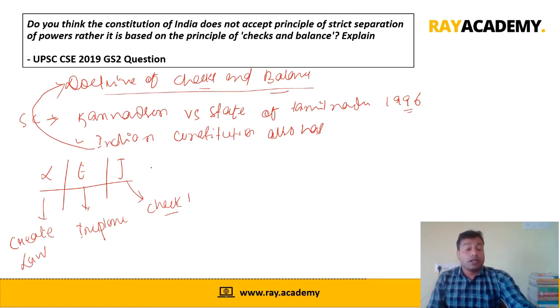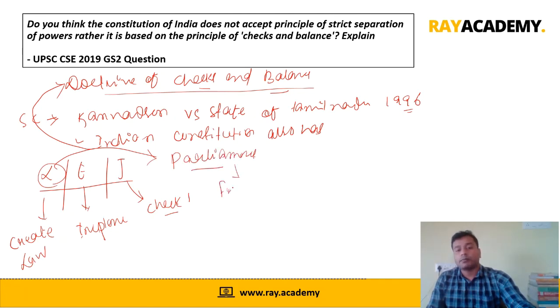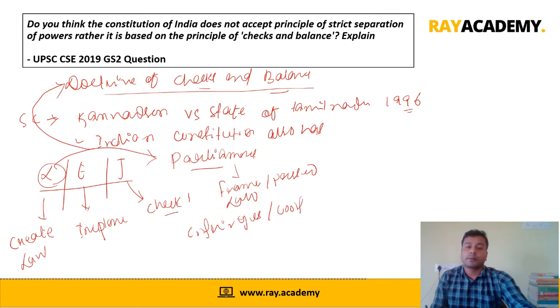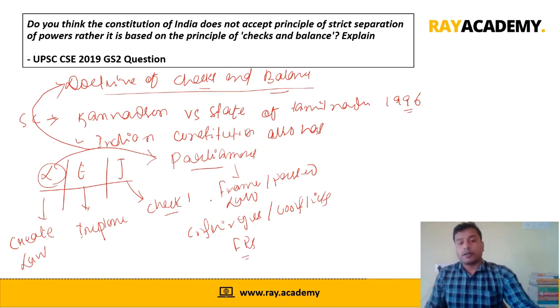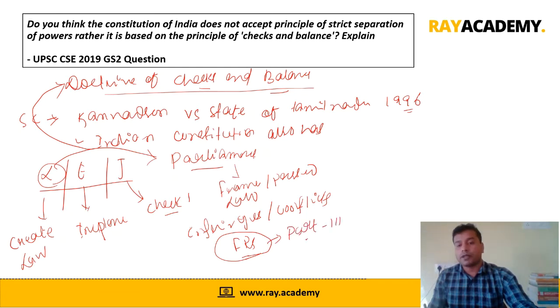Now, let me give you one example. For example, our union legislature, parliament. Let's say parliament has passed a law which infringes or conflicts with our fundamental rights. Normally, parliament is not supposed to make any law which will violate the constitution, as the fundamental rights are explicitly written in the constitution, that is Part 3 of our Indian Constitution.